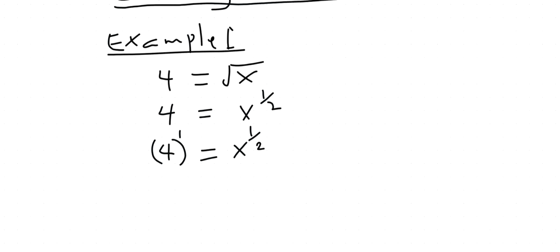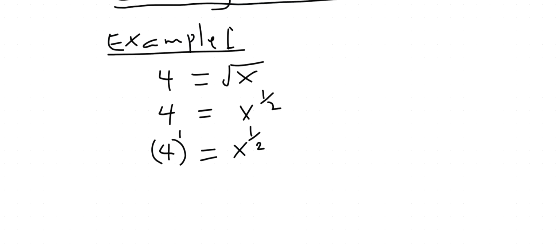Always multiply the powers of both sides by the inverse or reciprocal of the power of x. Why? Because we want to remove the power so that x can stand alone. If x can stand alone, then we have our value of x.